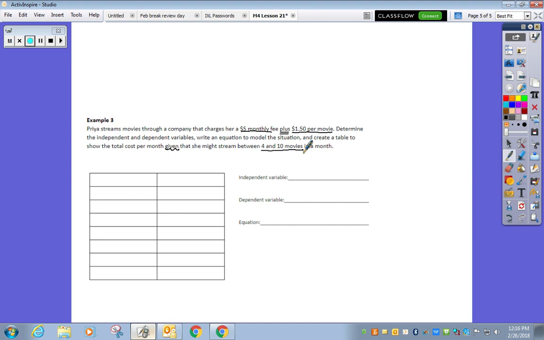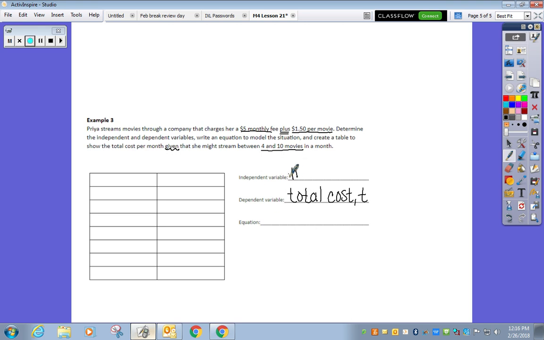So totals typically depend on something in order to get them. So when we have a total, that is typically our dependent variable. We would be getting our total cost as our dependent variable, and I'll call that T for total. The independent variable here is the number of movies she rents, because what her total will be depends on how many movies she rents.